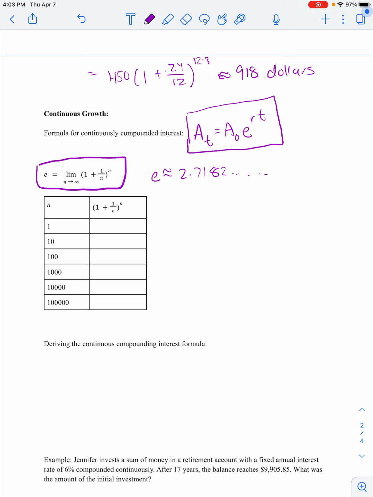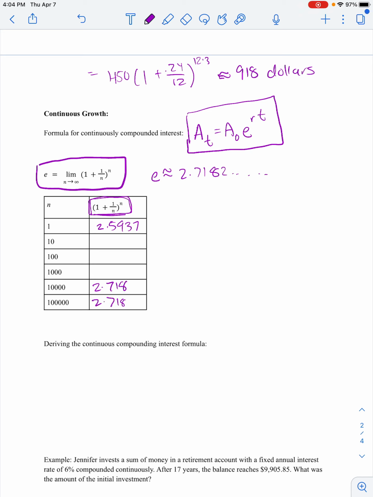Basically what E is, is what this expression will approach if you start plugging in really large numbers for n. So if we plug in 1 for n, we're going to get 2.5937. If we plug in 10,000 for n, we're going to get 2.718.